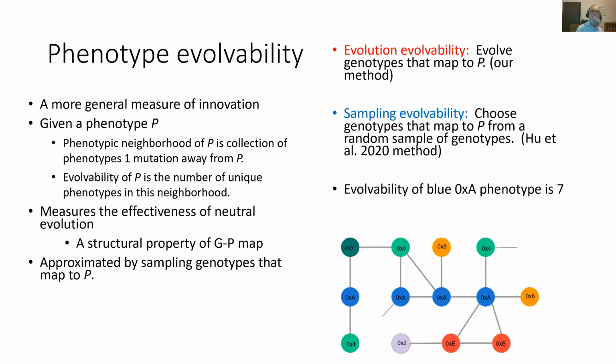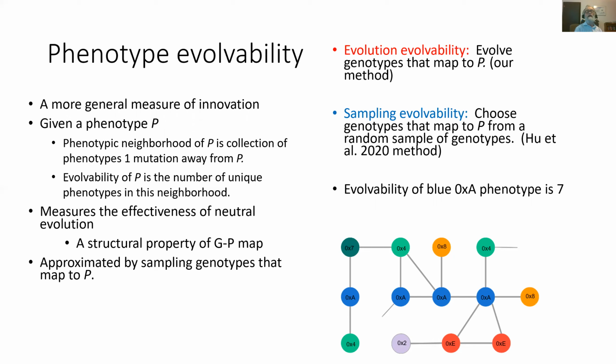The phenotype neighborhood of a given phenotype P is the collection of phenotypes one mutation away from a circuit implementing P. So the phenotype evolvability is the number of unique phenotypes in this neighborhood. And this measures the effectiveness of neutral evolution.